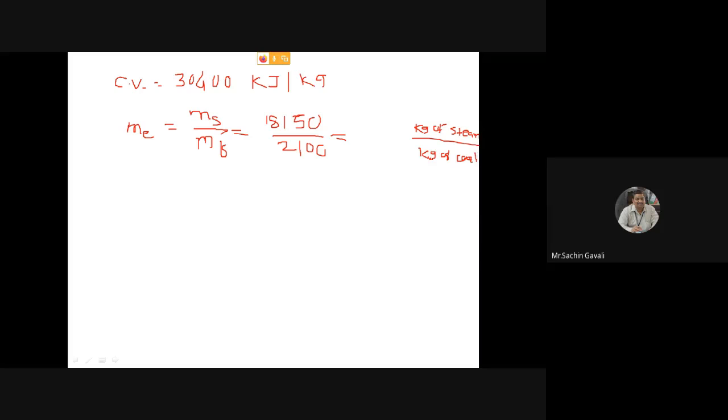Then what is the value? 18150 divided by 2100. It may be near about 8 or 8 something.